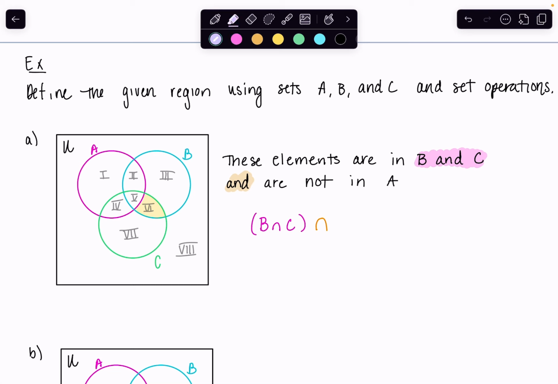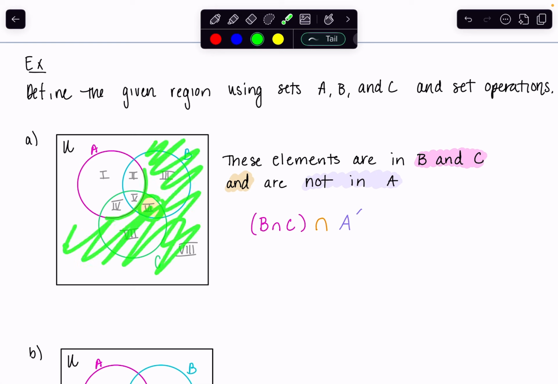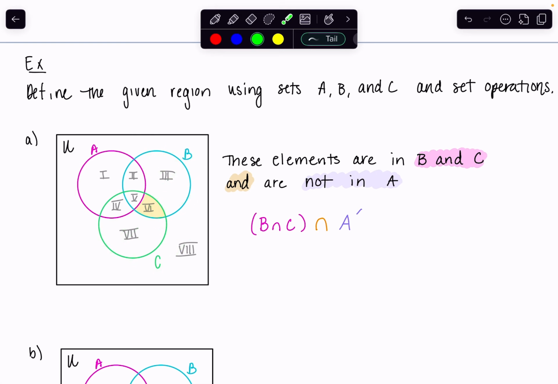And then we've got not in A. That means they're not in A. So they're in A complement. Okay. So you can take that phrase and just translate it to the different operations. So these elements are in B and C and they're not in A. So they're in A complement, which would be everything on the outside. So it's finding the overlap between those.